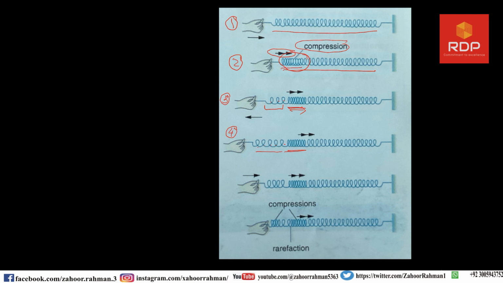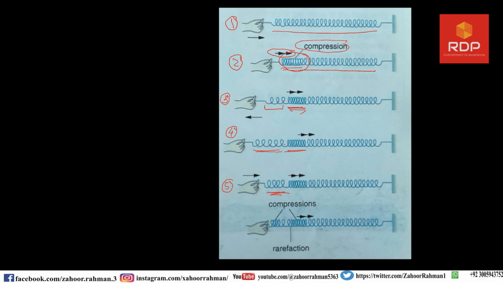Similarly, you can see that this rarefaction is also produced. The spring itself is not moving in the forward and backward direction. It is in its place, but it is pushing the neighboring loops of the spring. And in this way, in the fifth one, there is a larger rarefaction because the compression has moved forward.